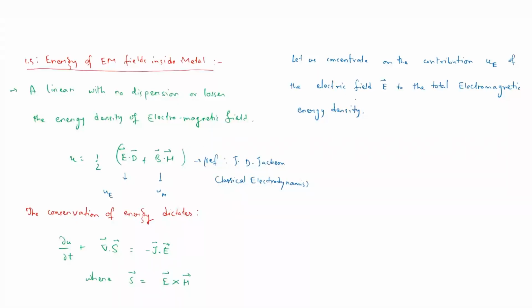In metals, this epsilon, or the permittivity, is complex, and it is frequency dependent due to its dispersion. Therefore this relation doesn't apply for metal. So in metals, epsilon is complex and frequency dependent.